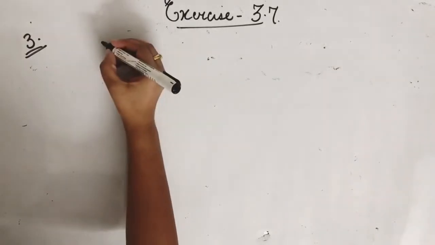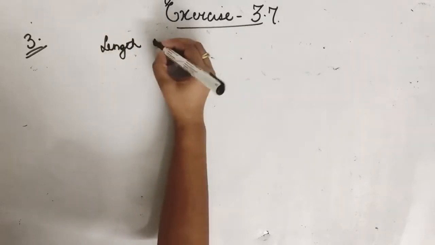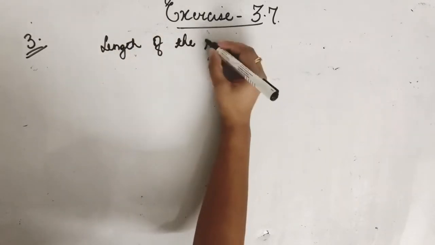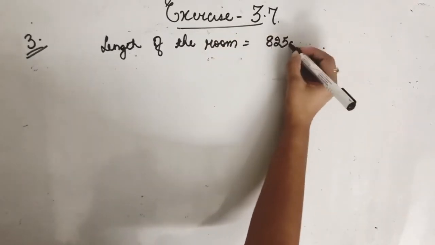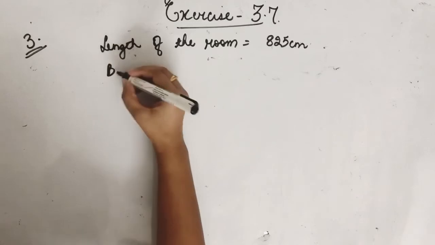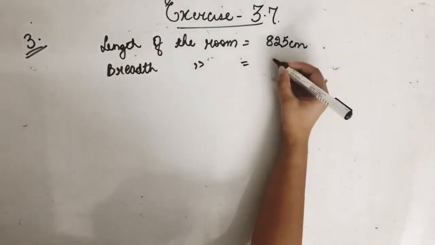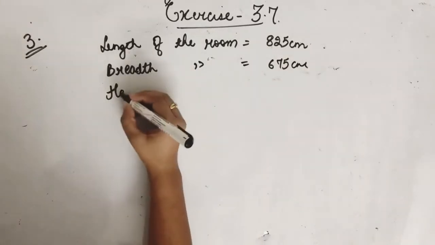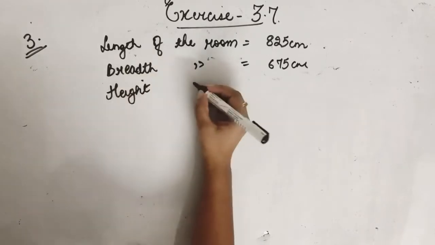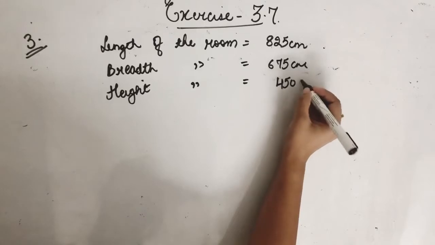Fine. First you will write the dimensions. Length of the room is given 825 centimeter. Breadth of the room is given 675 centimeter. And height of the room is given 450 centimeter.